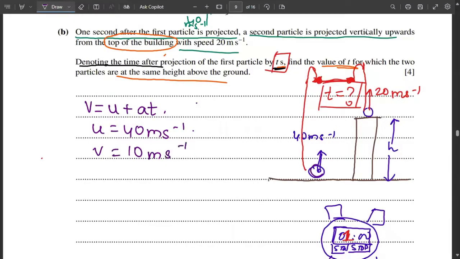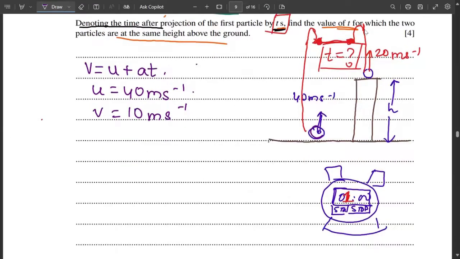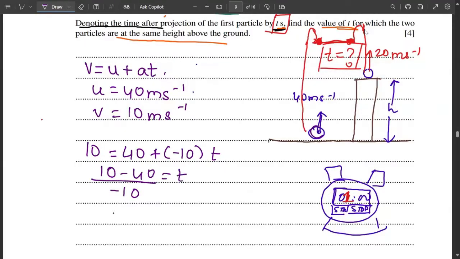Let's find out. v is 10, u is 40, acceleration is minus 10, so 10 minus 40 upon minus 10 is equal to t. Therefore, t is minus 30 upon minus 10, which is 3 seconds. That means once the timer is started, it will take 3 seconds for the velocity to go from 40 to 10.